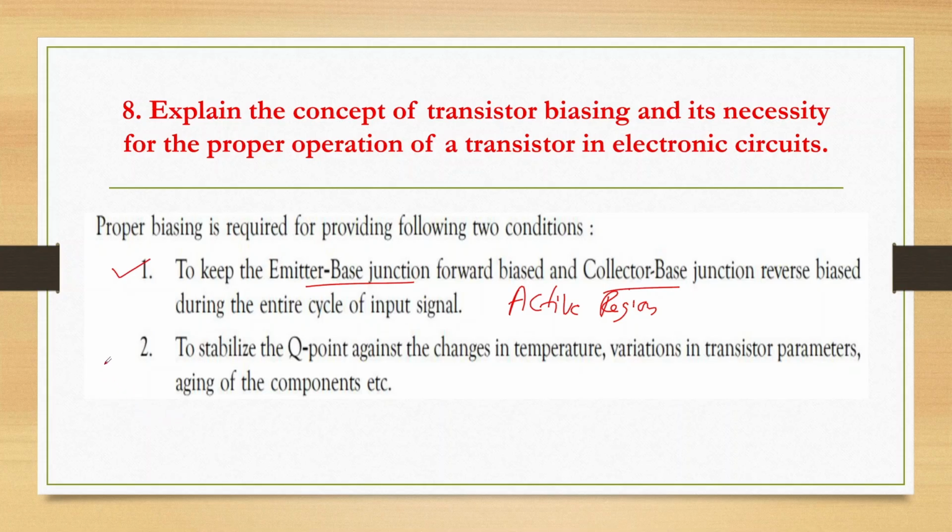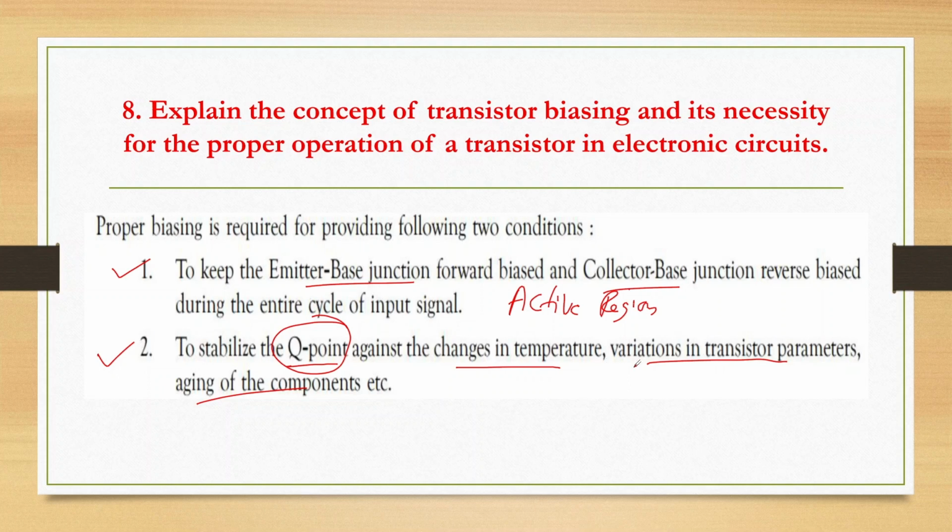Next, to stabilize the Q point or quiescent point against changes in temperature, variations in transistor parameters, and aging. We are designing amplifier circuits using transistors, so the Q point, whatever you are choosing, should be stabilized against all these external factors.